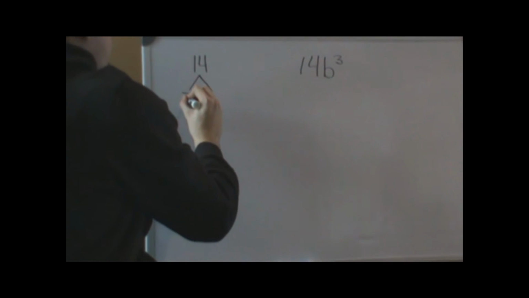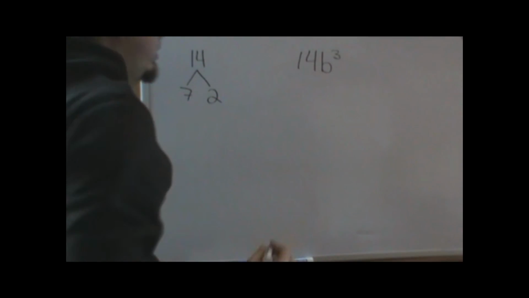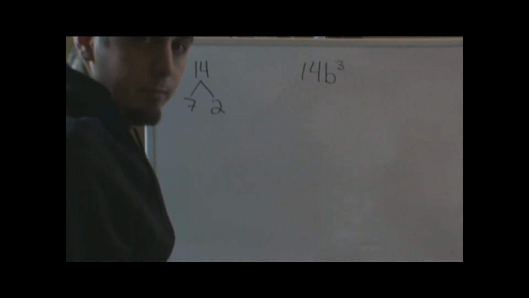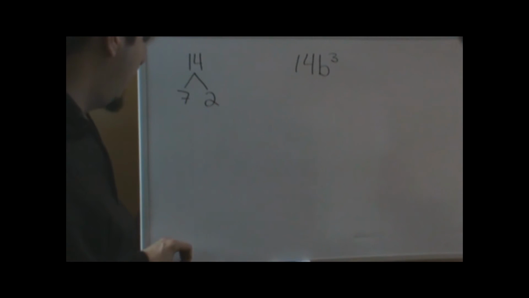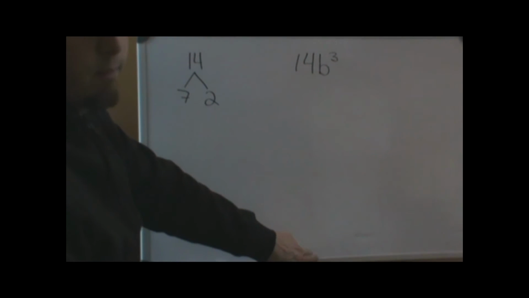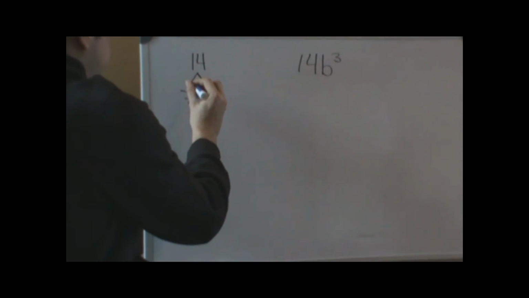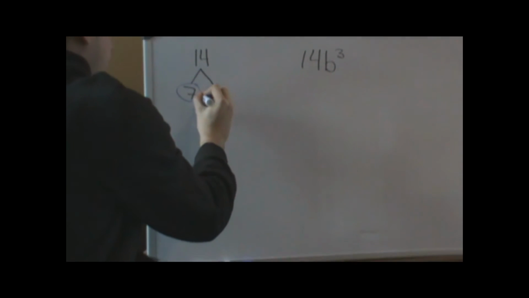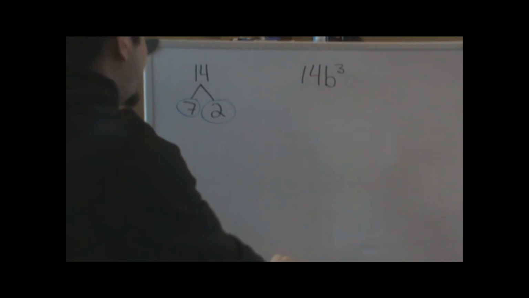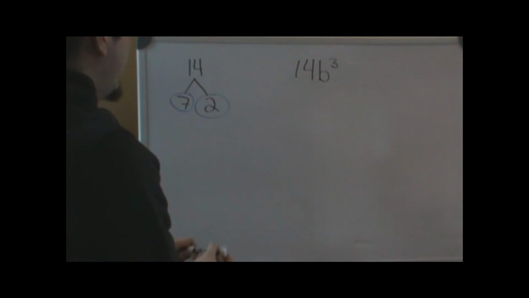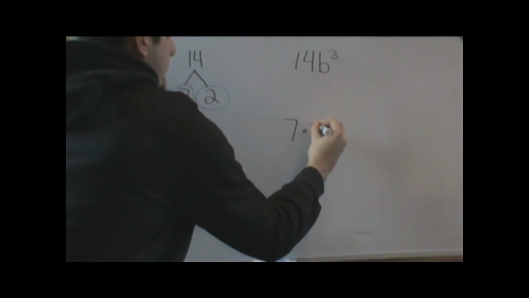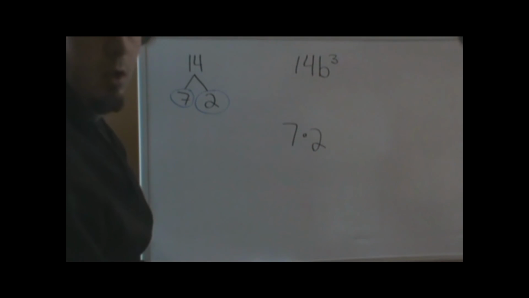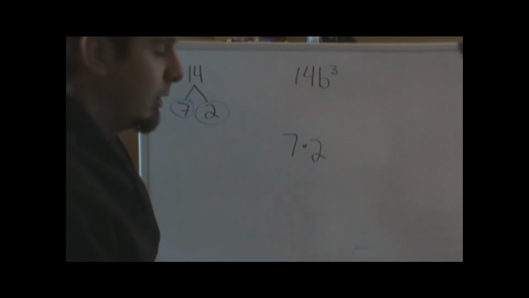I know that 7 times 2 is 14. Both 7 and 2 are prime numbers, so this is a short factor tree. We already have our answer. The prime factorization of 14 is 7 times 2.